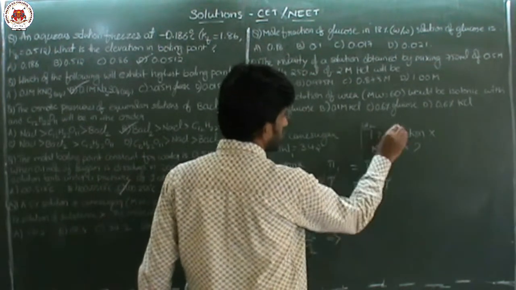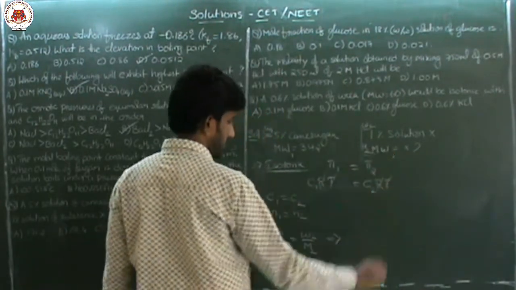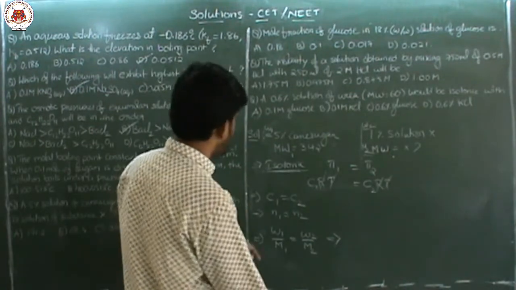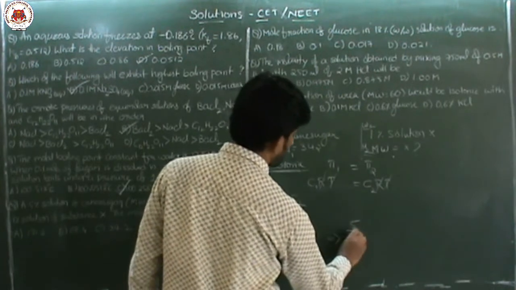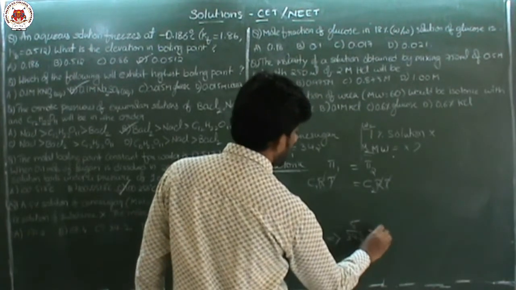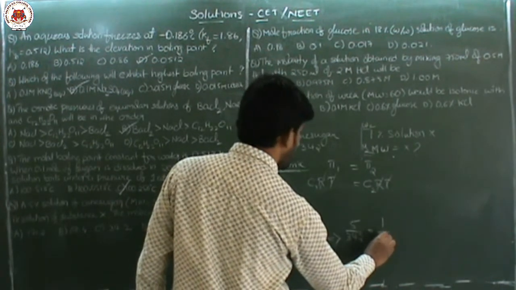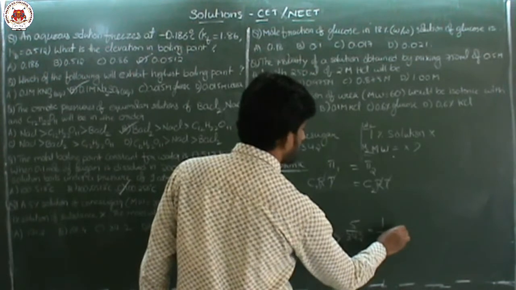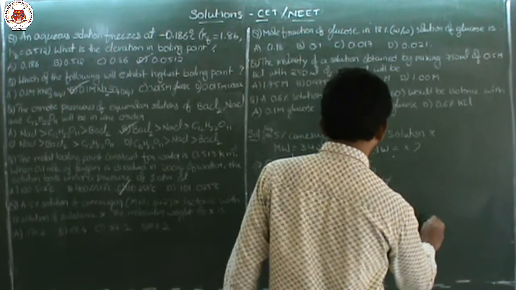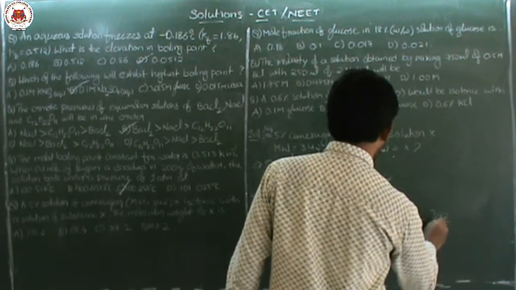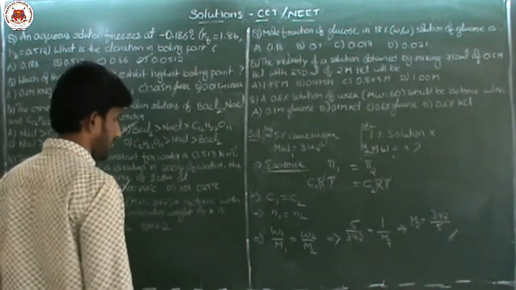W2 is 1% here, 1 gram, and M2 is the molecular weight of the X component. So 5 divided by 342 is equal to 1 divided by M2, which implies M2 is equal to 342 divided by 5.